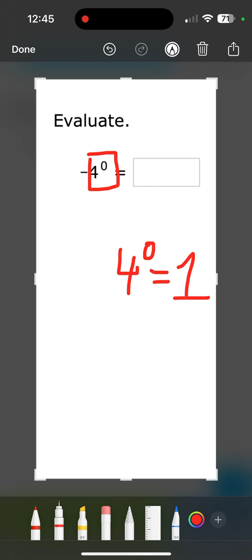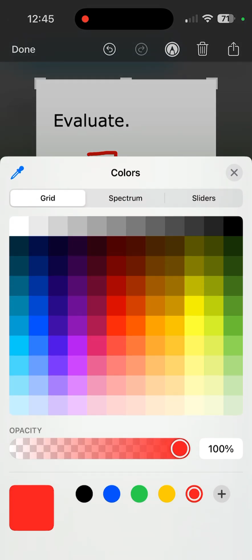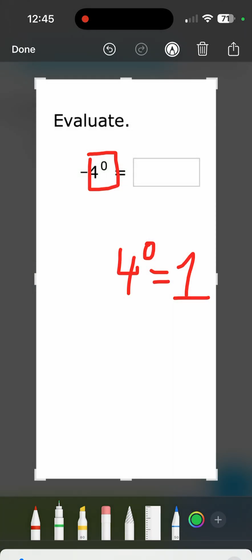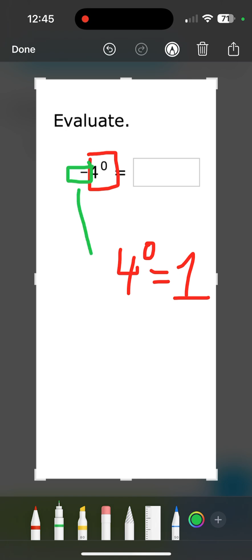But what we have here is that the negative is on the outside. So the negative gets carried down, right, in its own little boxy world there.